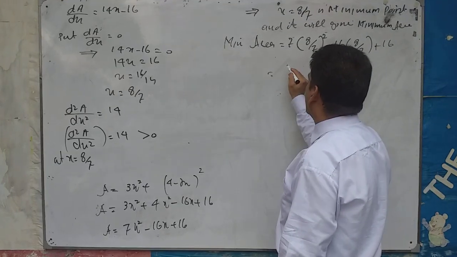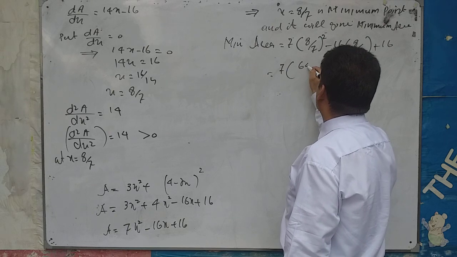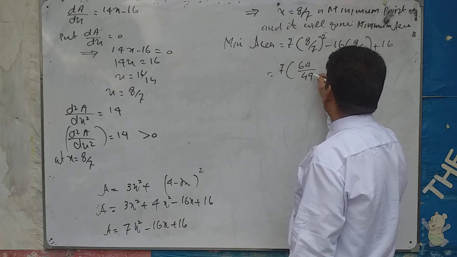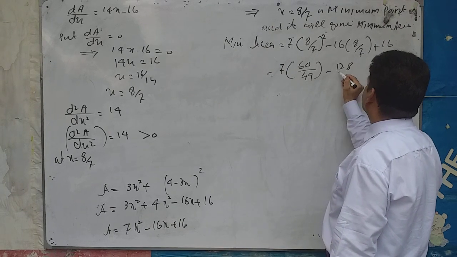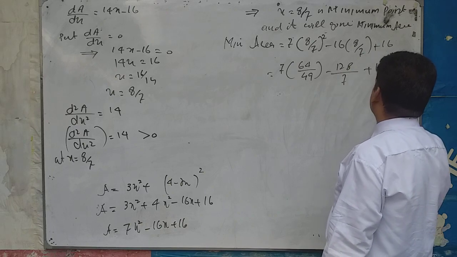After simplifying, we get 7 multiplied by 64 by 49 minus 128 by 7 plus 16.